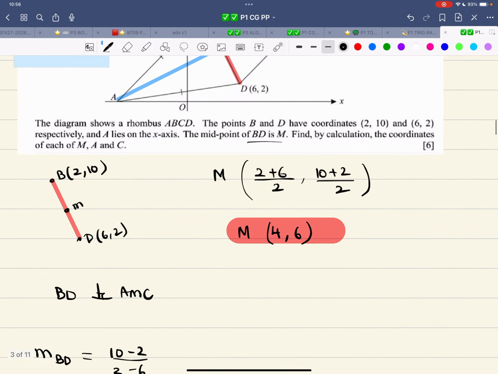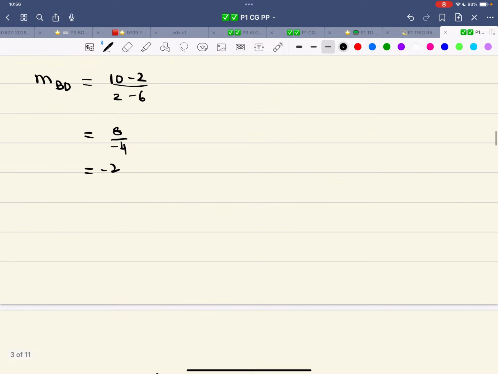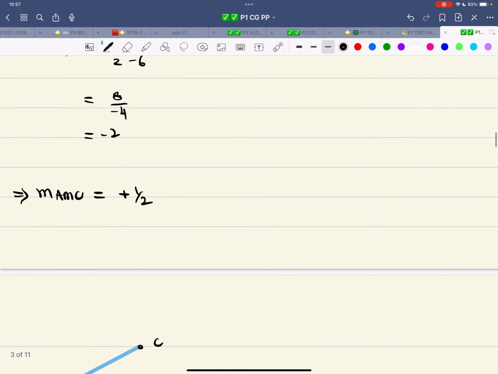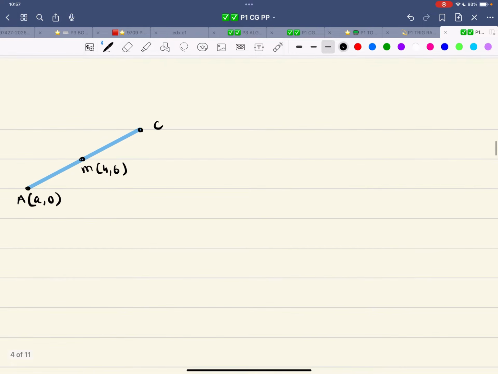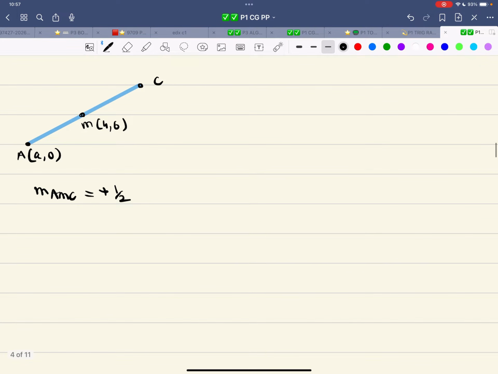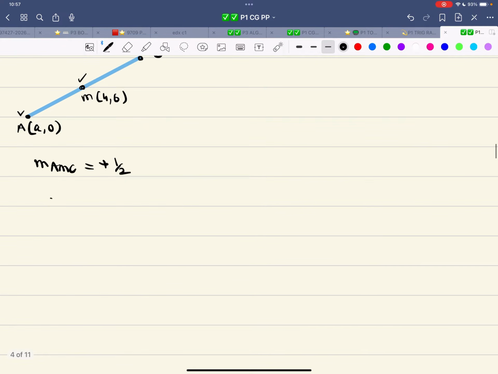And the gradient of AMC should therefore be the negative reciprocal. So this comes out to be plus half. So the gradient of AMC is positive half. Now I have A, I have M. So let me write A over here as small a comma 0, and M is 4 comma 6.